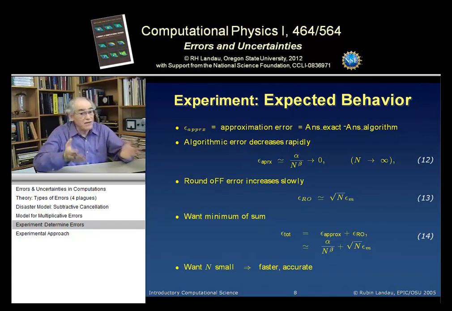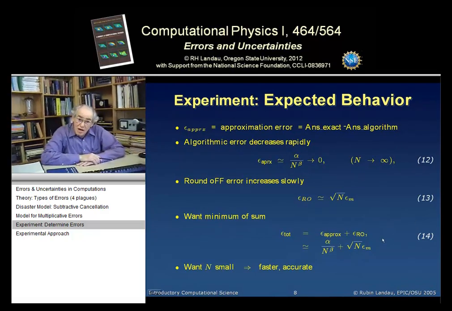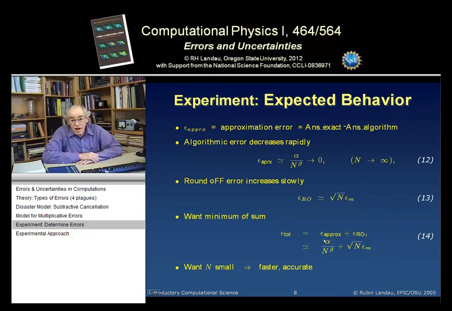That means that if you run long enough, you'll always have round-off error in your calculation. It'll always be approximation. It could be a bad approximation. Ideally, what you want to do is to have the minimum error in the total calculation. So as we see in equation 14, the total error is the sum of approximation error and round-off error, and we want that to be minimized.